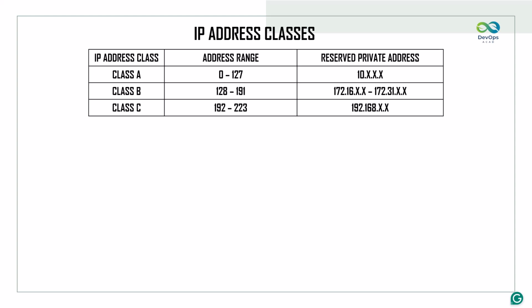Now, one thing we need to clarify very quickly is that when we talk about IP addresses, we have what you call private addresses and what you call public addresses. The IANA that we mentioned earlier, in their wisdom, decided that there are some people who need to connect their devices but don't necessarily have to expose these devices to the internet.